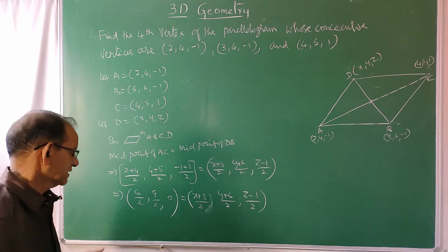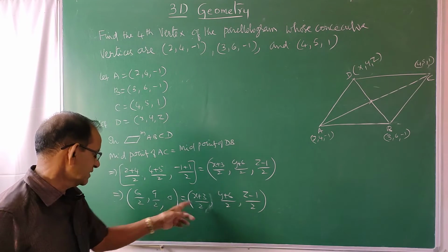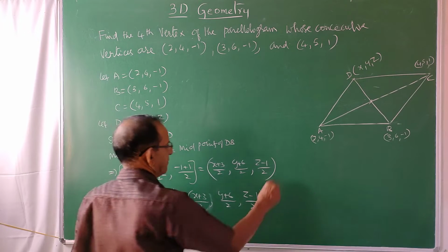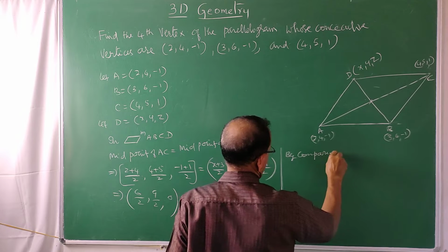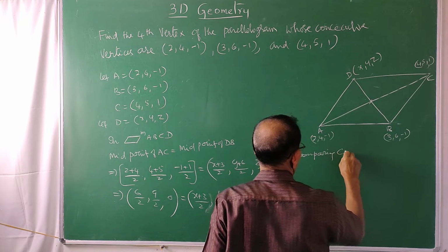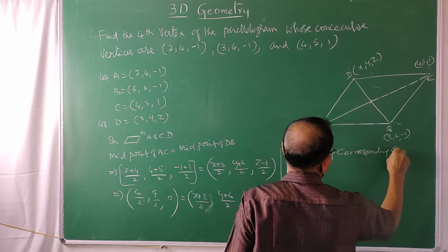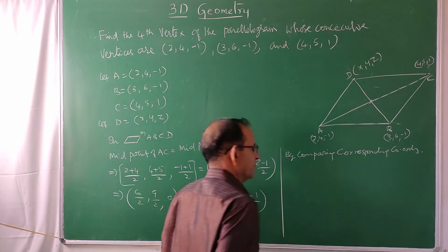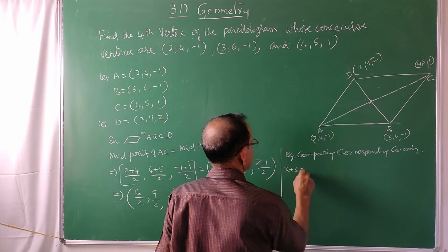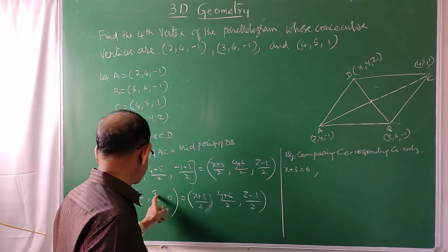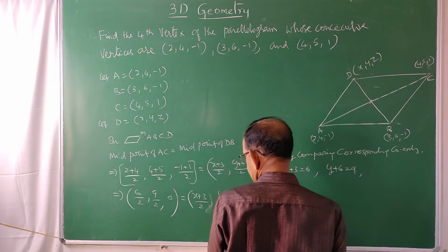Now equate x coordinate to x coordinate, y coordinate to y coordinate and z coordinate to z coordinate. So by 2 is there on both sides. By comparing corresponding coordinates, 6 is equal to x plus 3 or x plus 3 is equal to 6, y plus 6 is equal to 9 and z minus 1 is equal to 0.